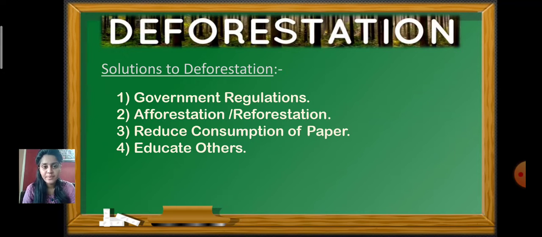We shouldn't waste paper. Fourth one, educate others. We can educate others in our family or in our neighborhood, telling them to reduce paper consumption, not to cut trees, or to grow more and more trees. Yes or no? Yes, we can.